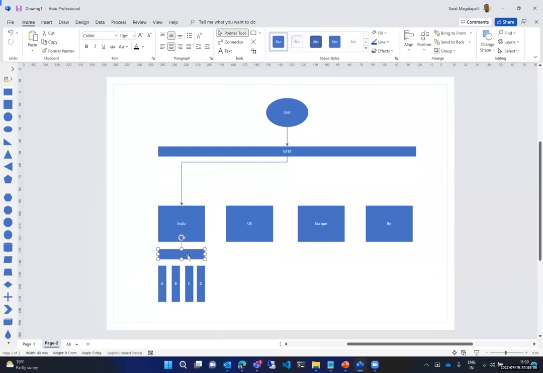So what will the local traffic manager do? There is a person called Ashok, let's say. He has logged in from India, from Bangalore. The GTM, the global traffic manager, is routing that request to the nearest data center, which is India. Now, within India, you will have multiple servers.